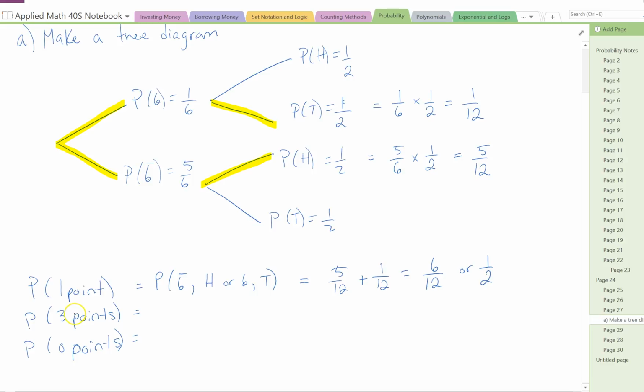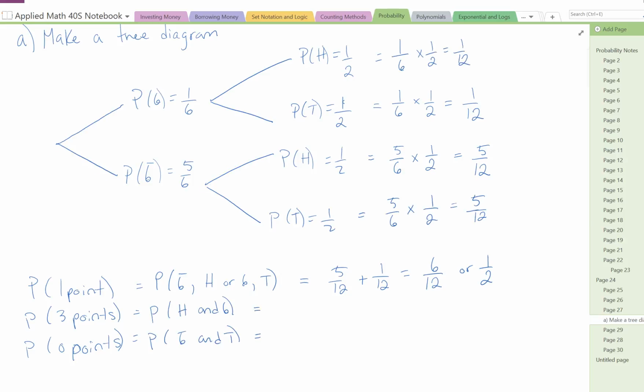So go ahead and do the same thing for 3 points and 0 points and see if your answers match what I've done. I just went ahead and filled in all the probabilities for the rest of the tree diagram. Then if we look down here for 3 points, that would be the probability of landing on heads and rolling a 6. Both of those have to happen, and there is no OR, so we would be looking at the tree diagram where we're going here, 6 and heads.